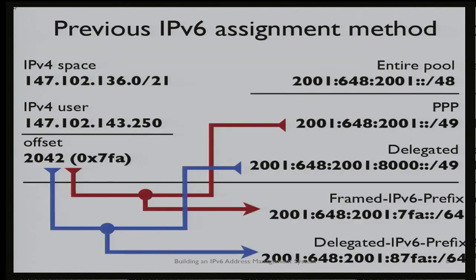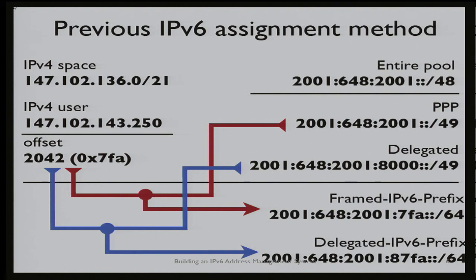So we had IPv6 from like late 2009. This is how we used to do it. We were using an IPv4-based method, which means that each time the user connects, the user gets a random IPv4 address from an IPv4 space.